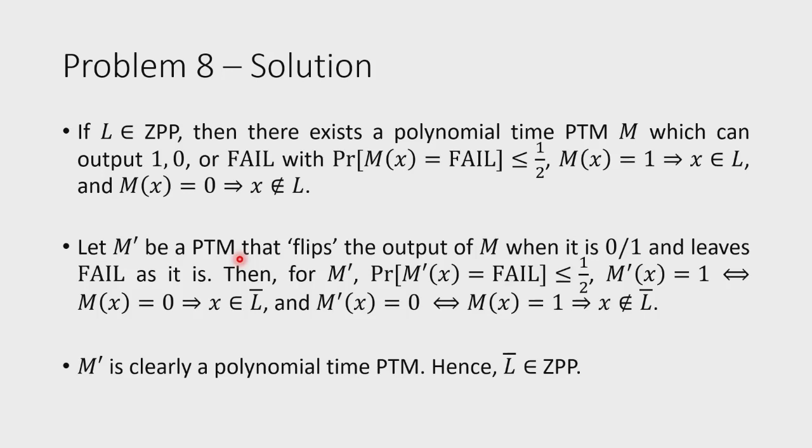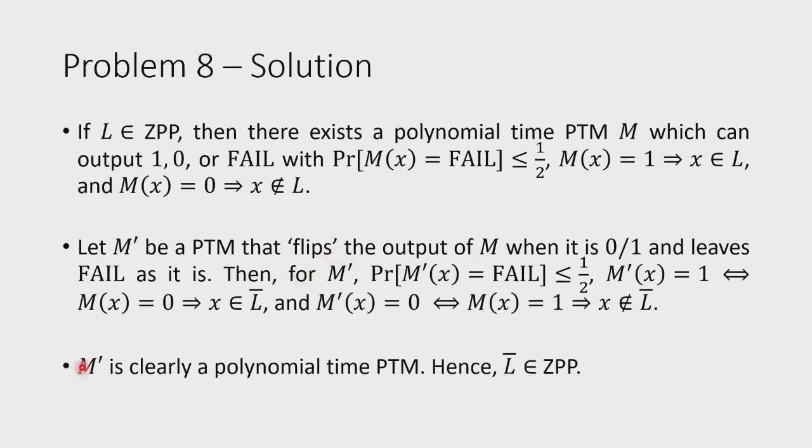In probabilistic Turing machines, you have two transition functions and you choose one randomly. In non-deterministic Turing machines, you have two transition functions and you choose one arbitrarily. However, here we saw that you can flip the output of probabilistic Turing machines. So just try to think why this is the case.